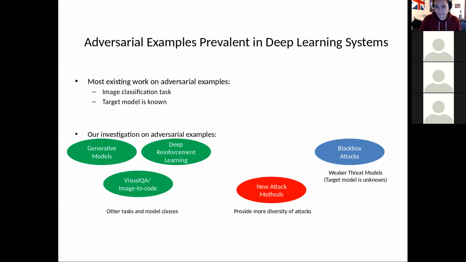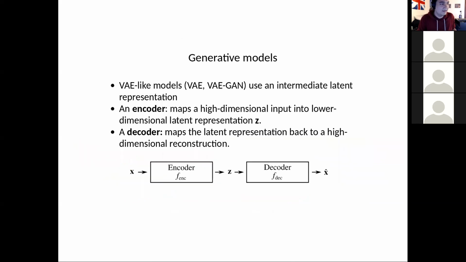A lot of the work has focused on image classification, where the target model is known. So far, we've talked a little bit about all of these other black box attacks. We've talked a little bit about adversarial methods, but also we want to talk about maybe other domains where adversarial examples could be applied.